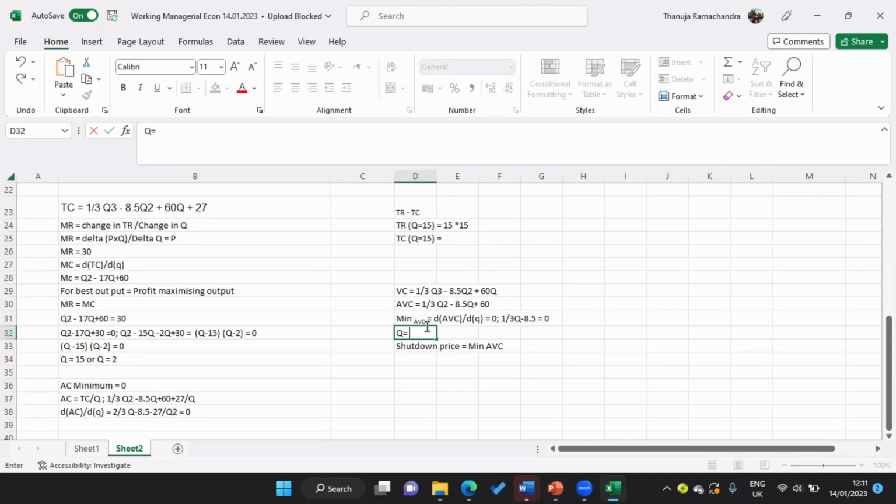So 1/3 into 2Q, then it is 2/3 Q. So Q equals 3 into 8.5 divided by 2, isn't it?